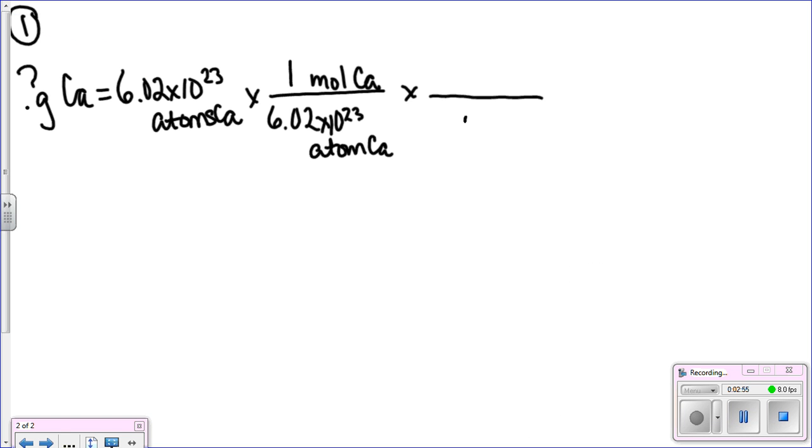So moles of calcium will go in the bottom, and grams is the box we're going to. I go to the periodic table to find my mass, and I round the mass of calcium to the nearest whole number, which is 40. Since this is the same substance, it's 1 mole.